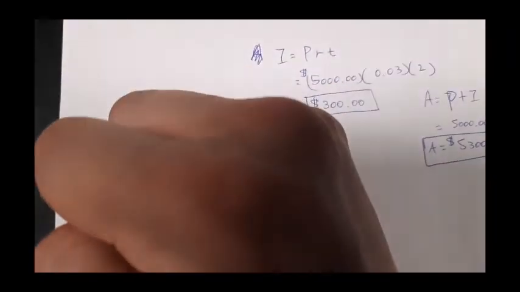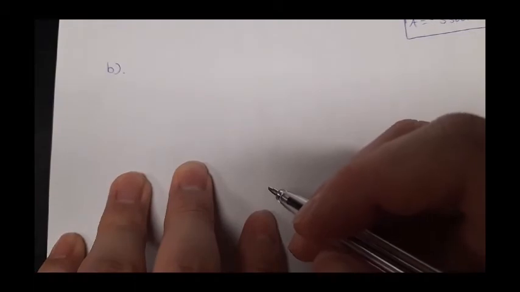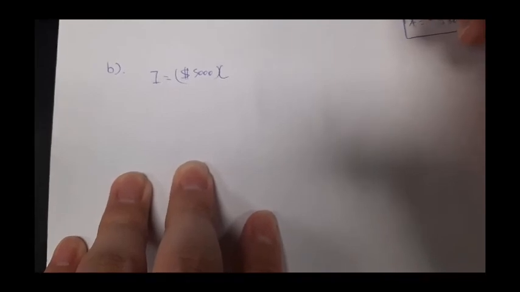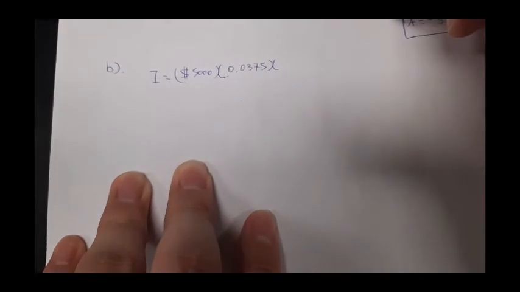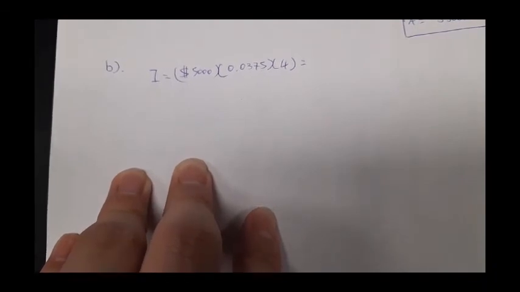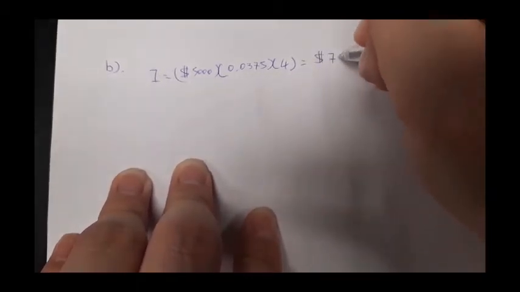Second option, B. We have 3.75% per annum over a 4-year term. Let's pick up some pace for this one. P is $5,000, times the percentage 3.75, which is 0.0375, multiplied by 4 years. Let's punch those numbers in quick. 5,000 times 0.0375 times 4 is equivalent to $750.